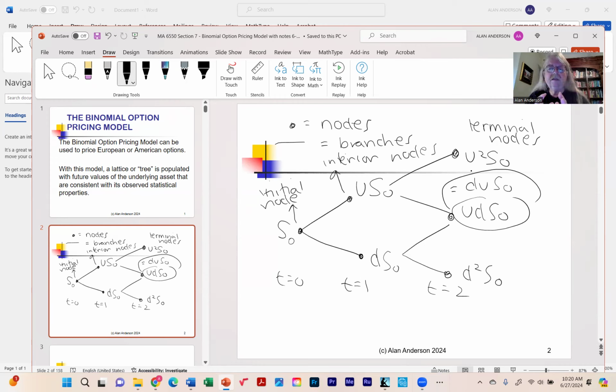Here, we're keeping this assumption because, among other things, if we don't, it'll become a lot more time consuming. There'll be a lot more calculations involved. But also, because of the assumptions we're making, we can justify having up and then down be the same as down and then up. In other words, this is what's going on in the Black-Scholes model. And so this is said to be a recombining tree.